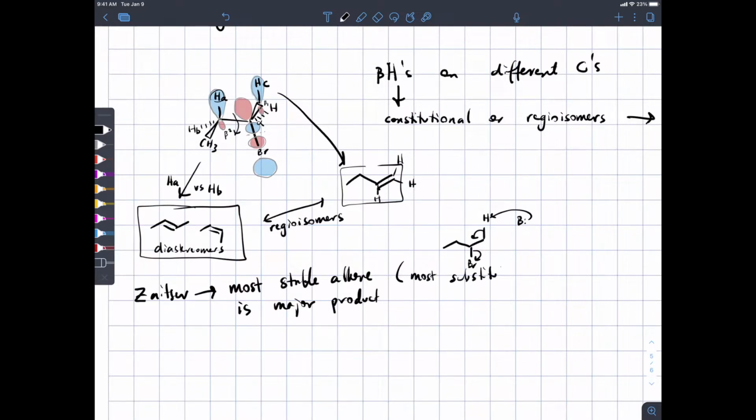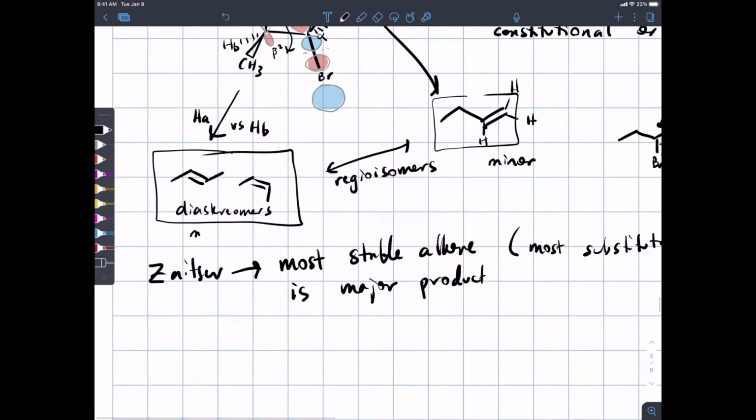And then when there are issues of cis or trans, that can figure in as well. So we would say that this regioisomer here on the right is a minor product, and these diastereomers are the major product, and then within that you would say probably the trans dominates over the cis. Okay?